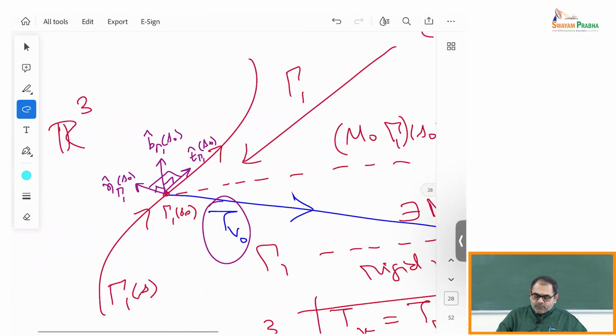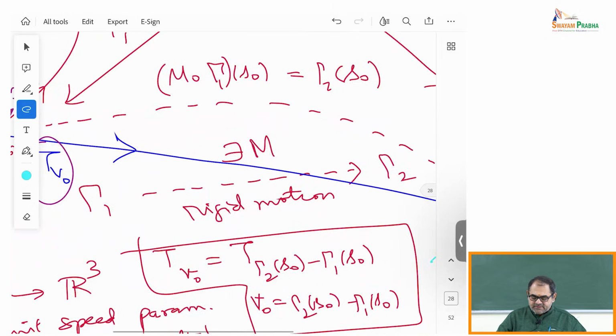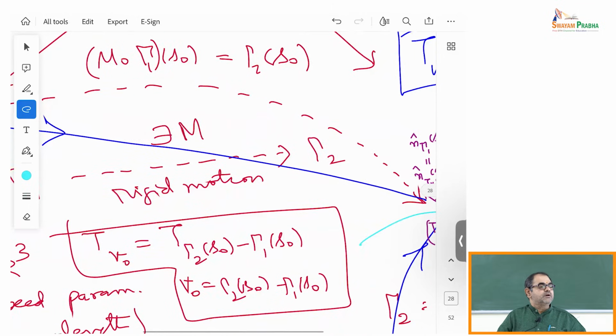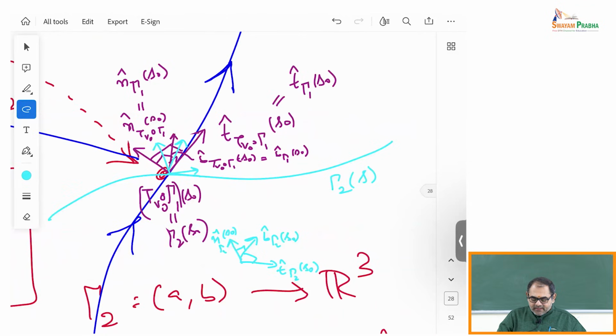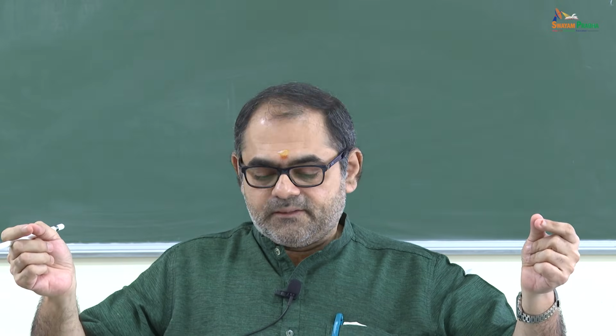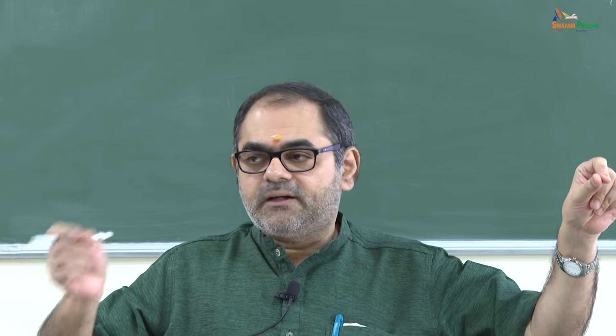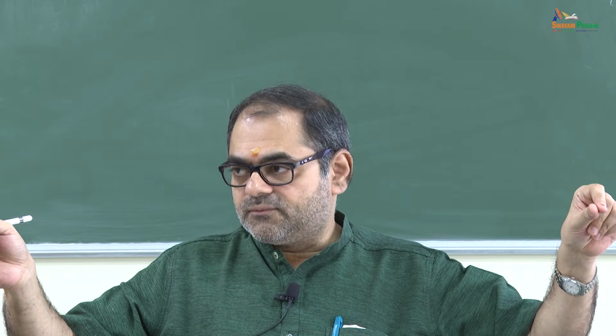Now then you have this other curve, which is the light blue curve, which is gamma 2 of S. There is this point gamma 2 of S naught through which it passes. I take the same S naught parameter value for both curves. I get a point on the red curve and I get a point on this light blue curve.